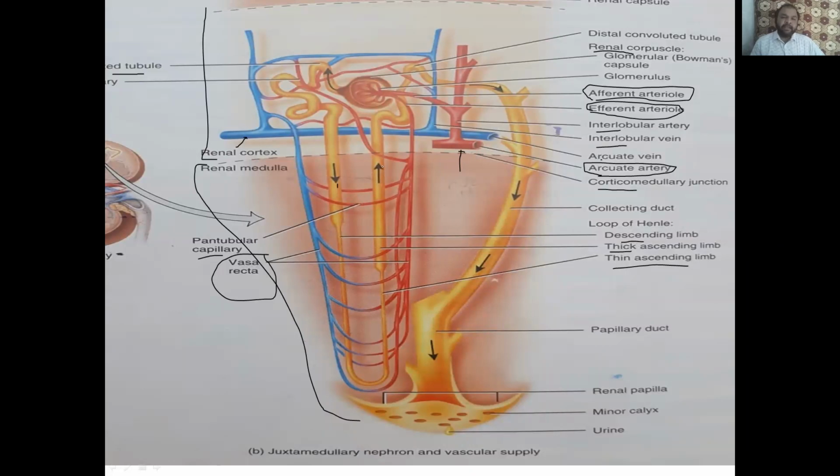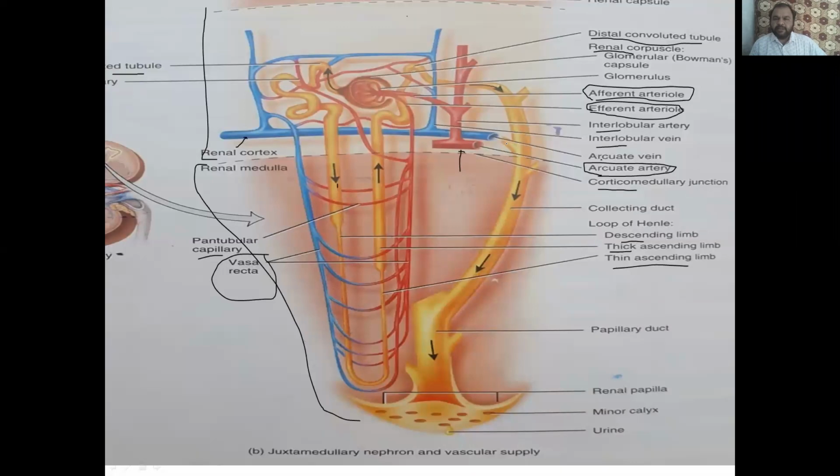Then this thick ascending limb again enters into the cortex, and then it continues as the DCT, distal convoluted tubule. Distal convoluted tubule of many nephrons. Say, for example, this is another distal convoluted tubule from another nephron.